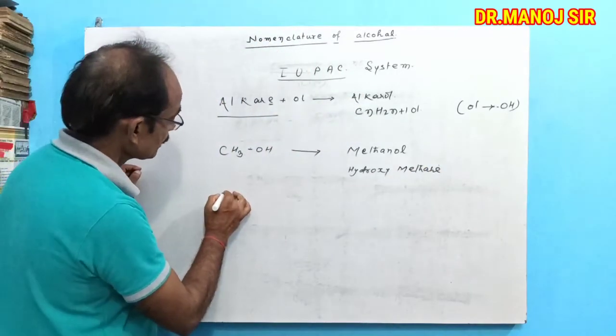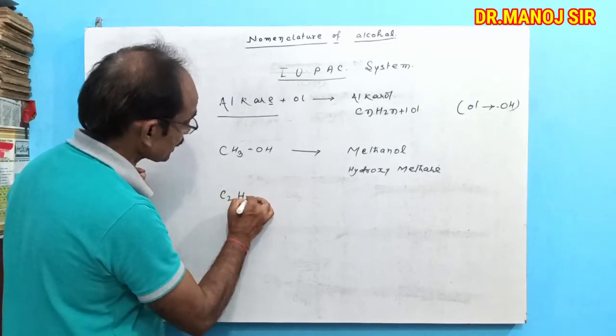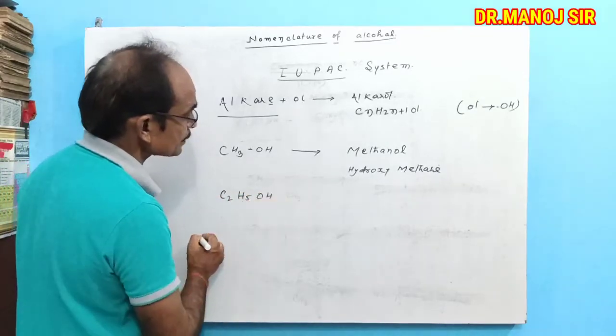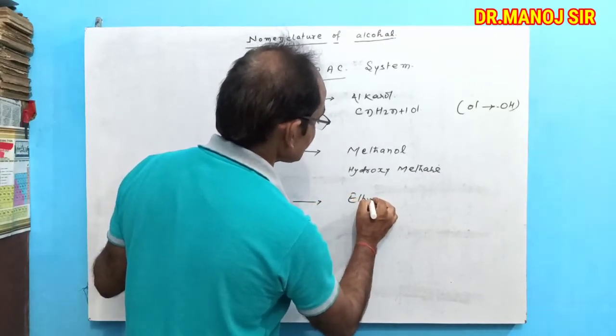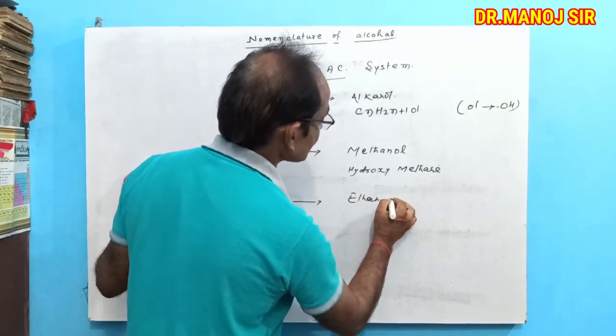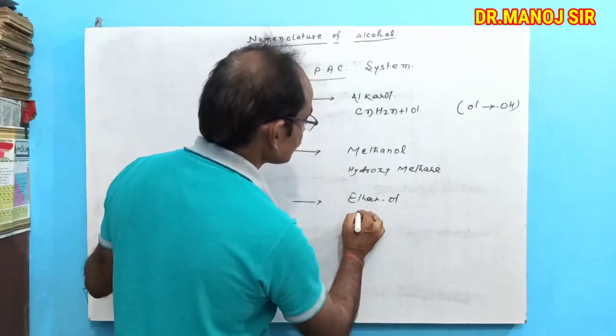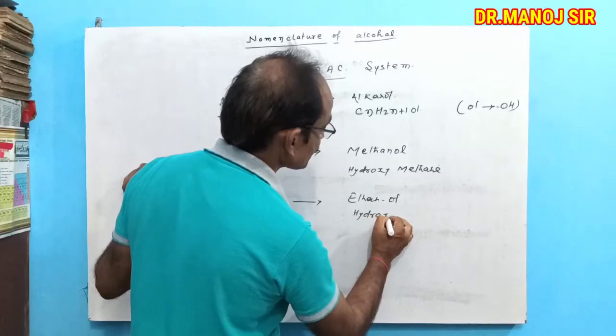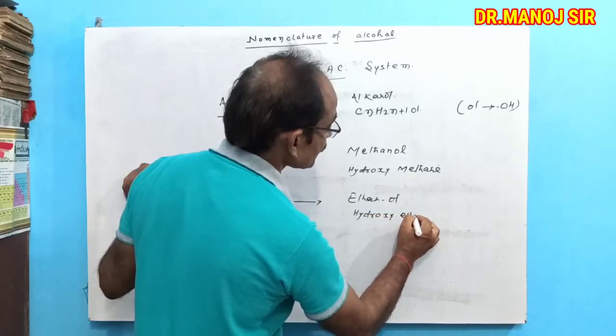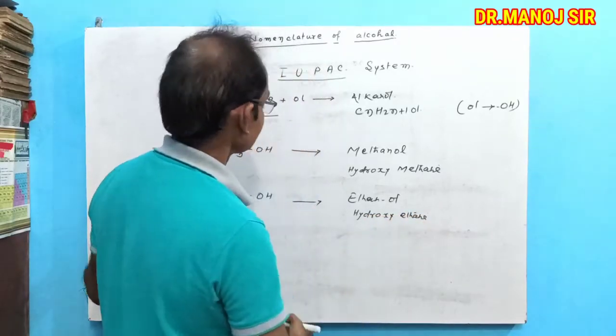Another compound, C2H5OH, is known as ethanol, that is hydroxy ethane.